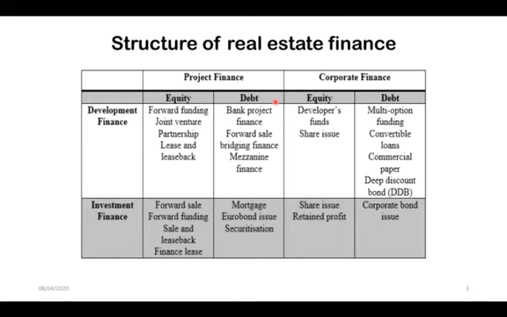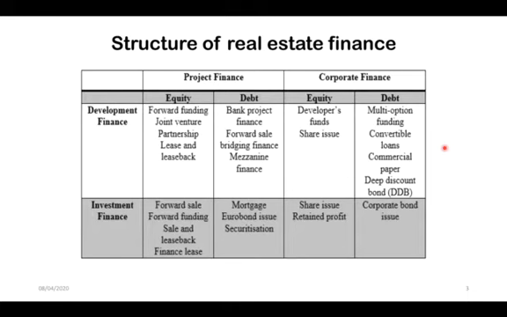Now, in this table, we would also realize that property finance, either for development or investment or both, tends to be project-based rather than company-based. Such funding is usually more expensive to service than corporate finance, particularly during the development stage.